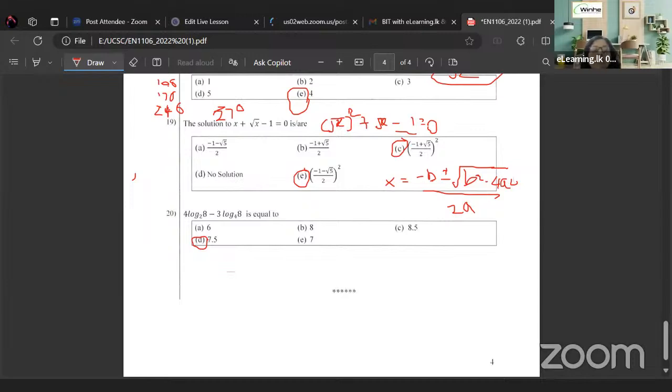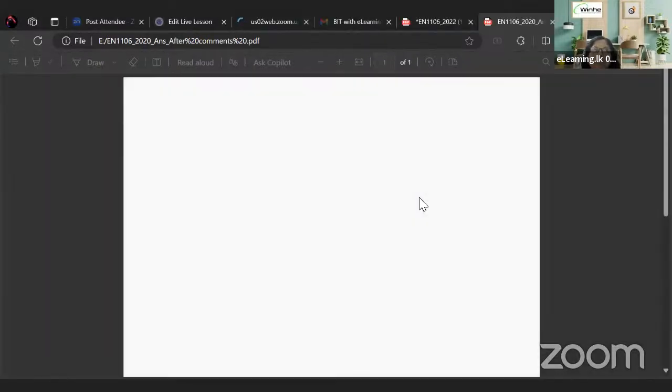We have done some papers. Lastly, we have done the paper on 2021.